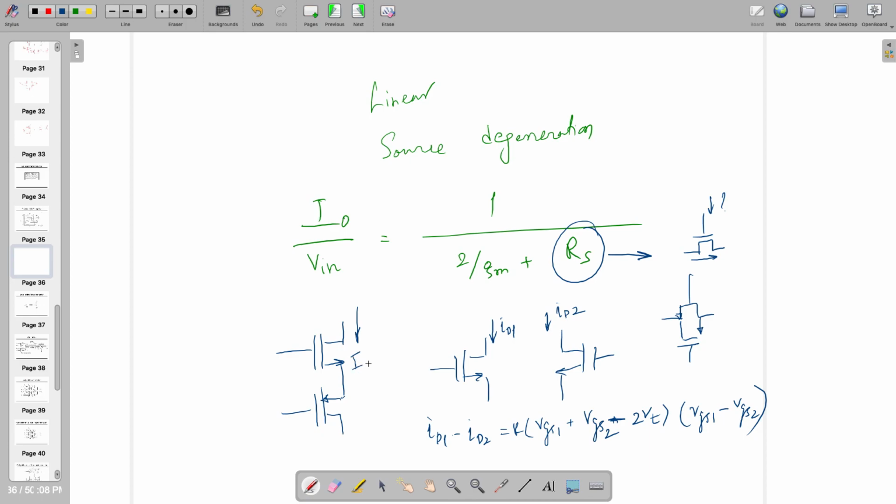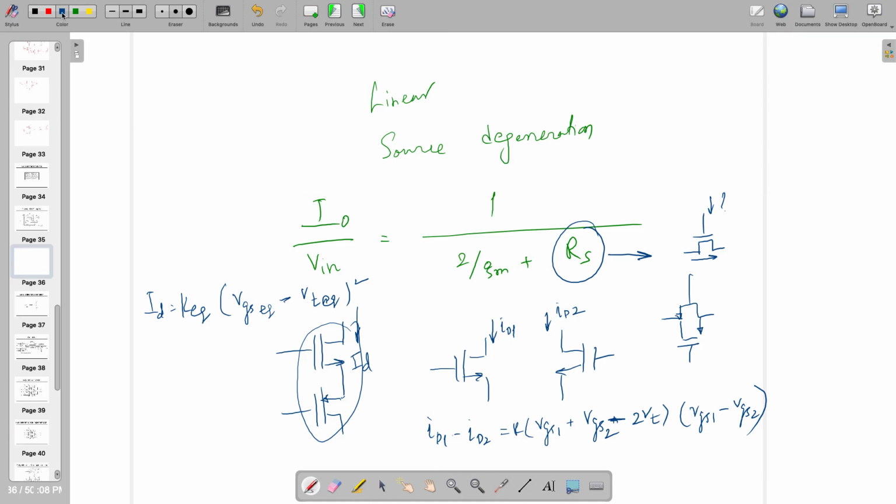Here it's the same on both sides. If it is the same, the current, because of this entire setup, is KQ times (VGS equivalent minus VT equivalent) square.